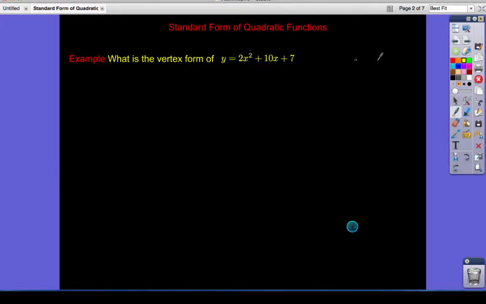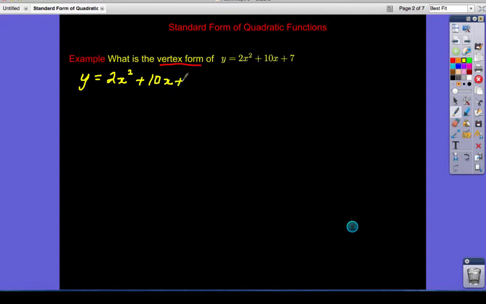The first example is asking us, what is the vertex form of the standard form equation y equals 2x squared plus 10x plus 7? Let's rewrite this equation: y equals 2x squared plus 10x plus 7.